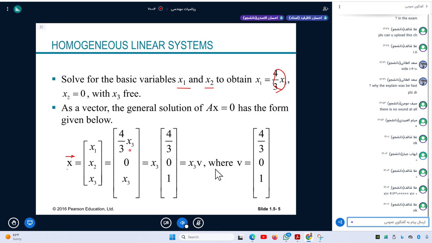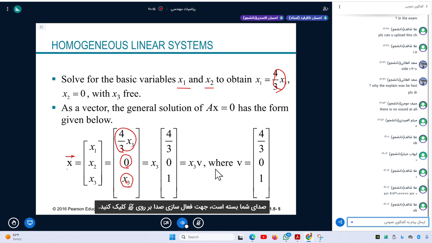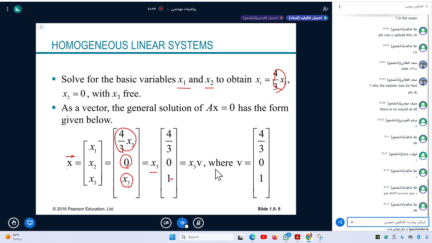So this is x1, this is x2, and this is x3. This is a free variable, and if you factorize x3, the final answer will be x3 times 4 by 3, 0, and 1. So this is the final answer.